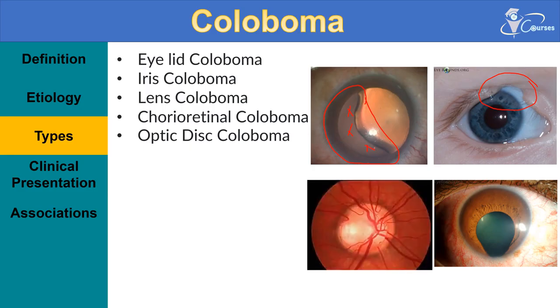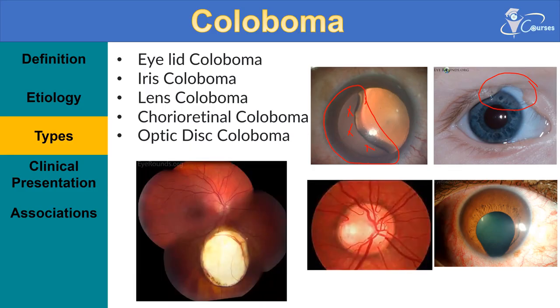Chorioretinal coloboma, here, this is a chorioretinal coloboma. And also optic disc coloboma. All these are defects in the ocular structures due to incomplete closure of the embryonic fissure.